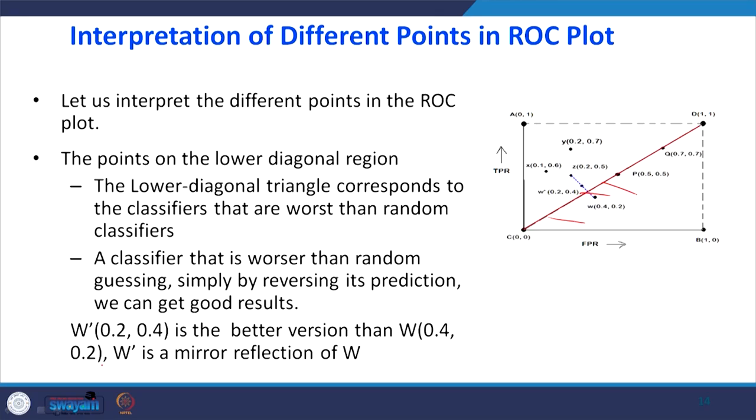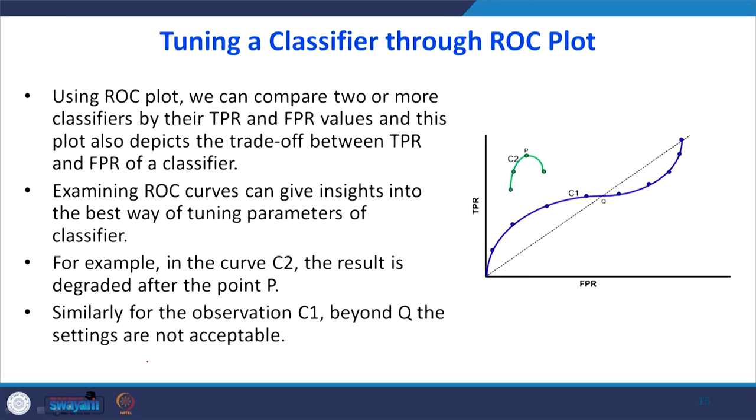A classifier that is worse than random guessing can be improved simply by reversing its prediction. Suppose look at the 2 points W dash and W. W dash at 0.2, 0.4 is a better version than W at 0.4, 0.2 because W dash is the mirror reflection of W.